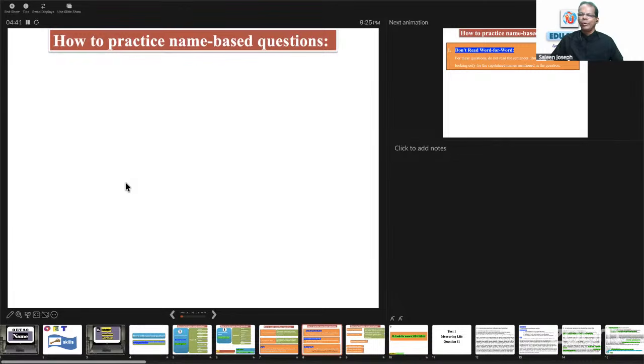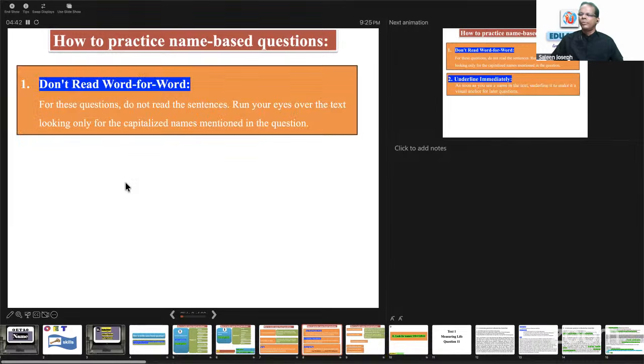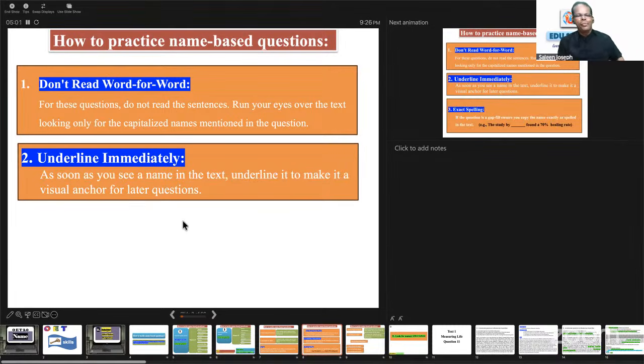Okay. How to practice. Don't read word for word. Don't start reading from the beginning. Don't read the first sentence, second sentence. Until the name is reached, please don't read anything. Okay? Please don't read anything. And second one, underline immediately.